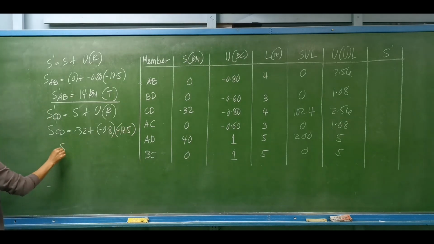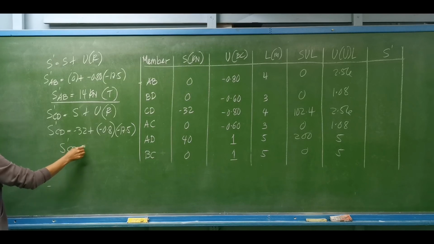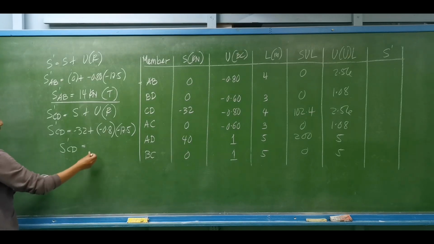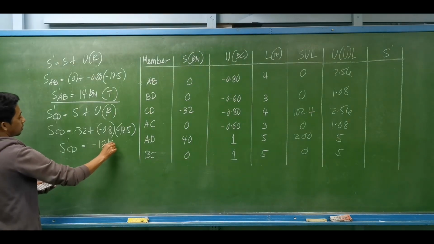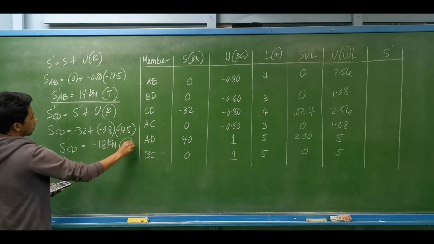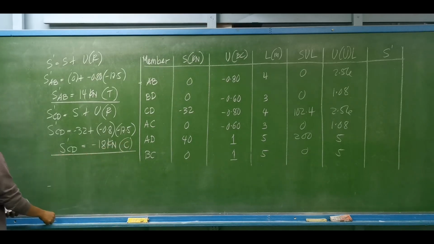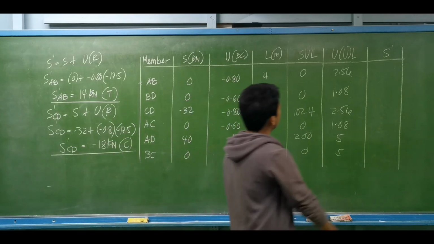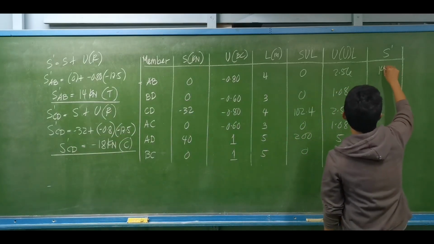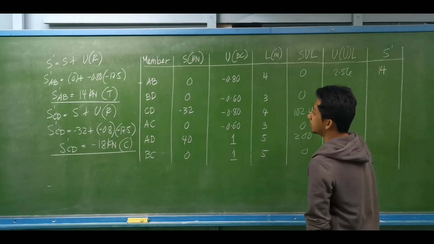So the actual bar force for member CD is equal to negative 18 kilonewtons. That only means that this member is under compression. So we have AB, 14 kilonewtons under tension.